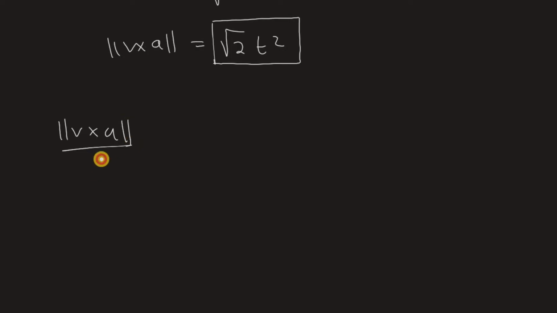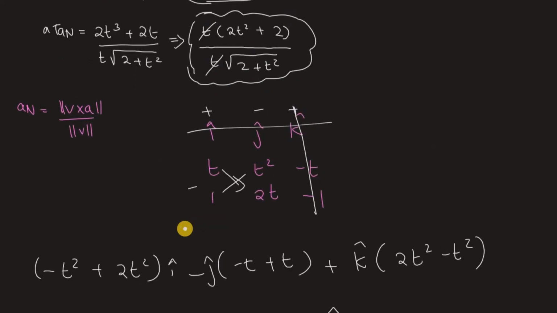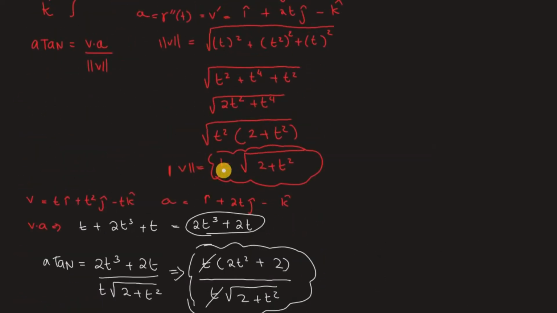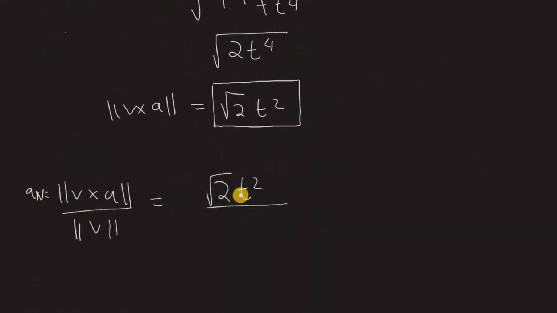So let's go ahead and divide it by the magnitude of v to find a normal. Here we have square root of 2 t squared divided by the magnitude of v. So what did we get for the magnitude of v when we calculated? We got t times the square root of 2 plus t squared. Okay, so we can do the division. Here we have t squared, here we have t.